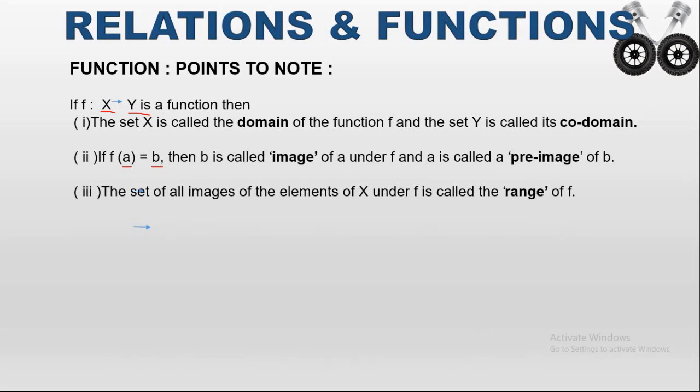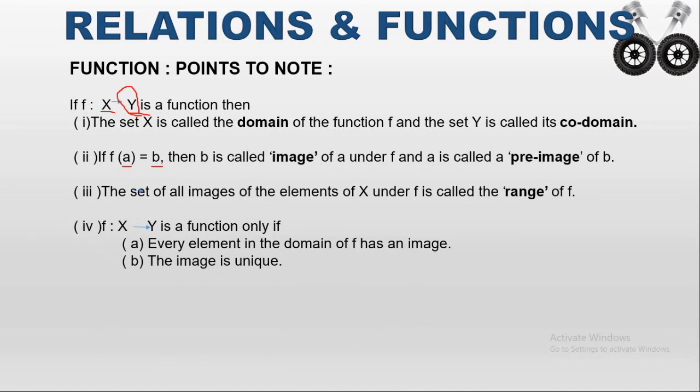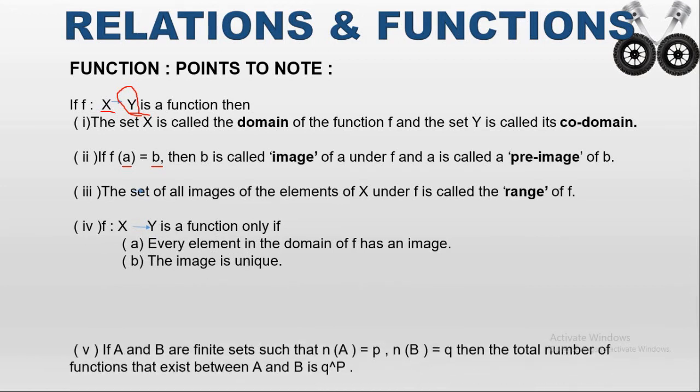Third, all the elements that are present in y as outputs are called the range. If f is a function from x to y, then each element in x is assigned to exactly one element in y.